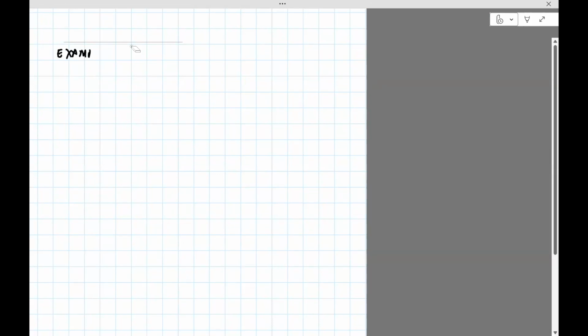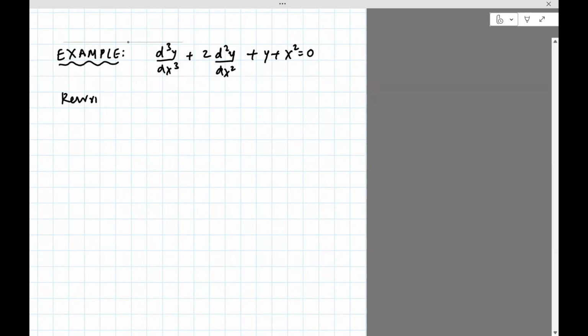Sample. So given this equation, d cube y dx cube plus 2 d square y dx square plus y plus x square equals 0, rewrite as first order equations.